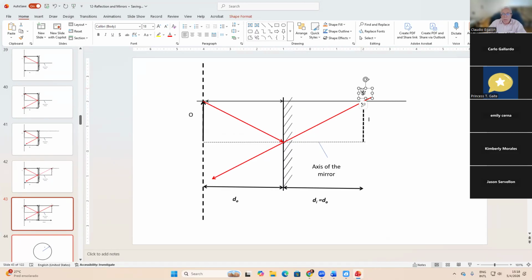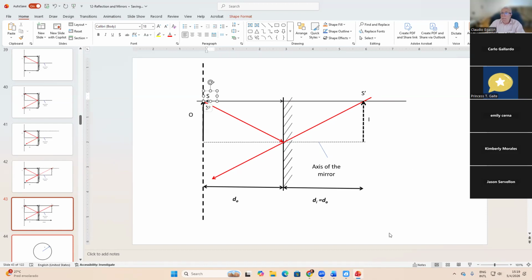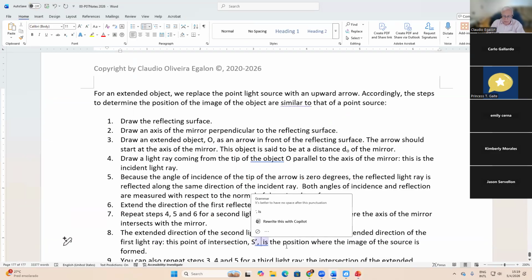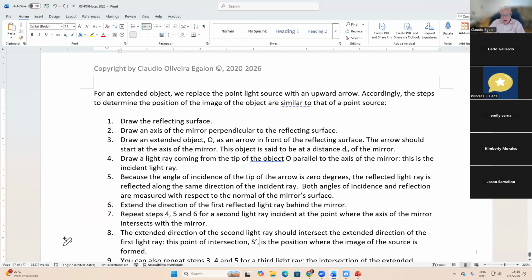And this one here is point S, right? S prime is the position where the image of the source is formed.